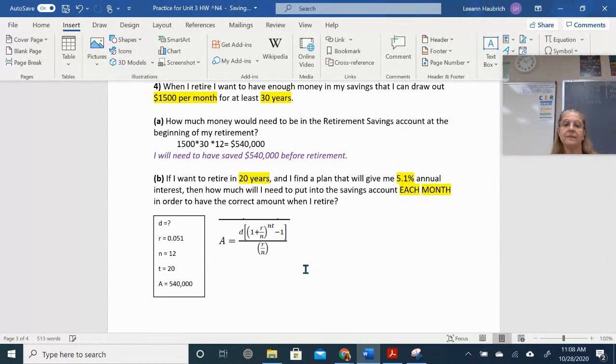I just have to type up how I'm going to type this into the calculator. So the first thing I'm going to do is set up what I already know. I know that I'm looking for $540,000. And that has to equal, well, let me get one of those fraction bars again.